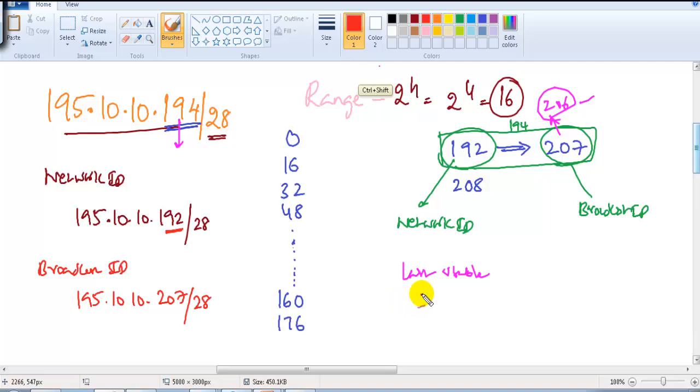Or if the question says the second last usable IP address, the last usable is 206, so the second last usable will be 205. So you might find some questions a little bit more tricky when you read subnetting questions online. But at the end, to find the subnets or the range, I generally prefer the same method which we used in our step-by-step calculations.